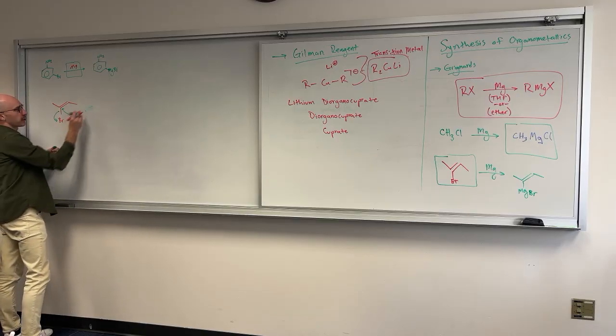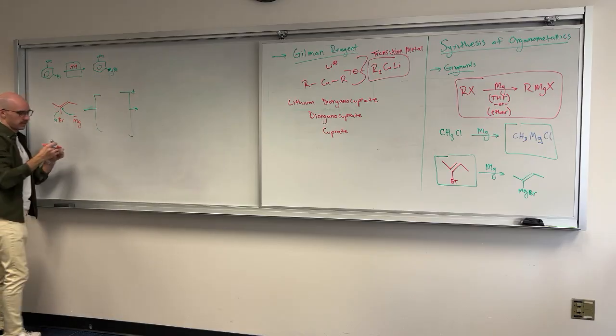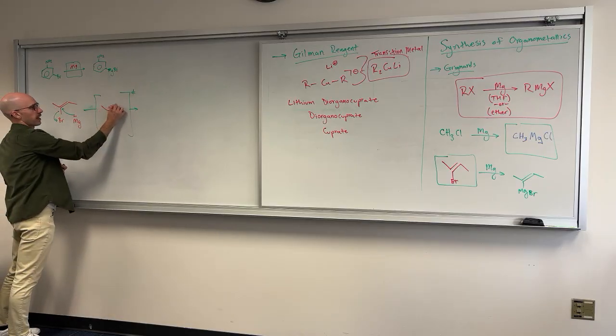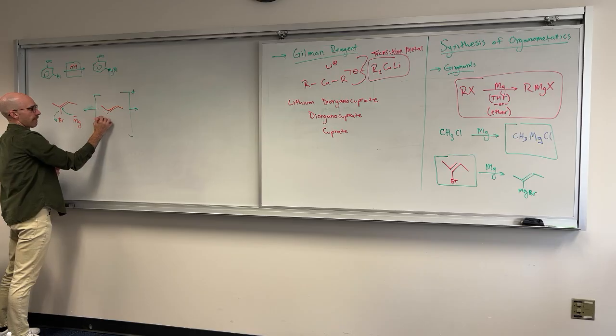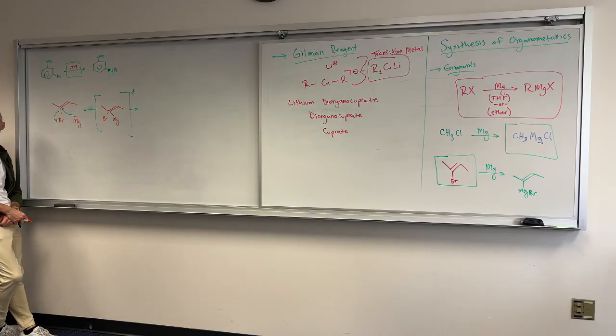So you might think of the transition state here, where the bonds are forming and the bonds are breaking, as looking something like this. If you remember anything from Orgo 1, the stereochemistry of this doesn't work. The orbitals don't work. This looks almost like a backside attack, but it's not coming from the backside.